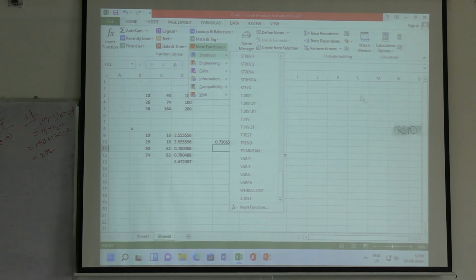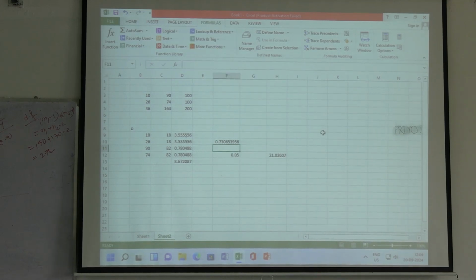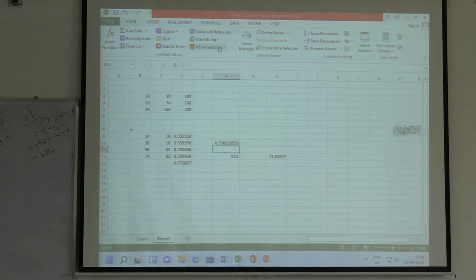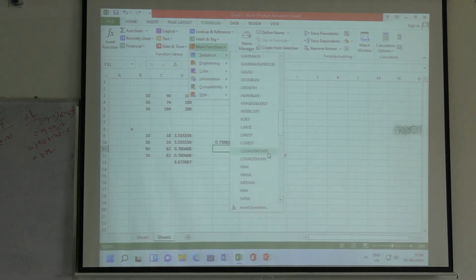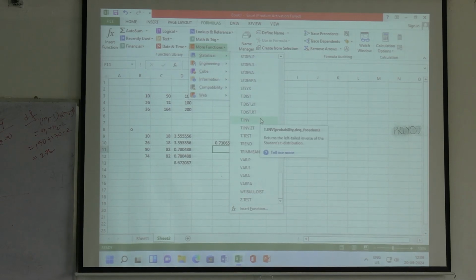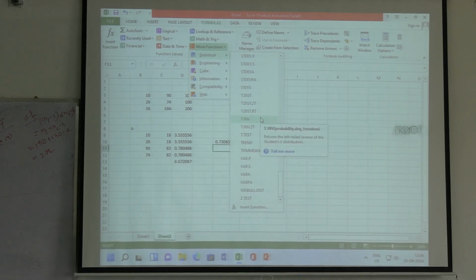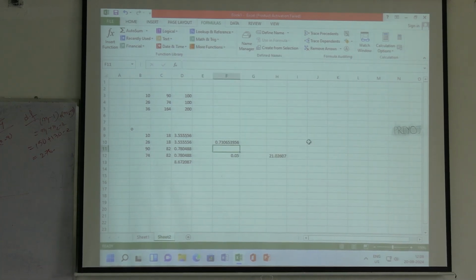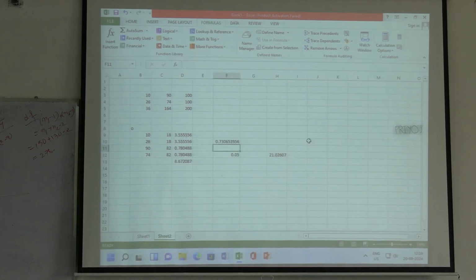Okay? Understood everyone? More functions, statistical, see you have t distribution. Just find the value, T.DIST.2T, you have your answer. You have your p value, compare with 0.05, you have your answer. Understood?